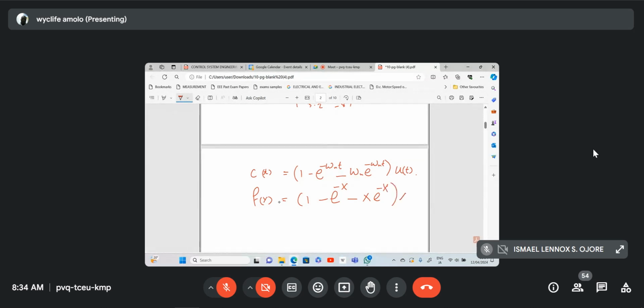Then I multiply by 10. So when I enter these values, I will get these values here.